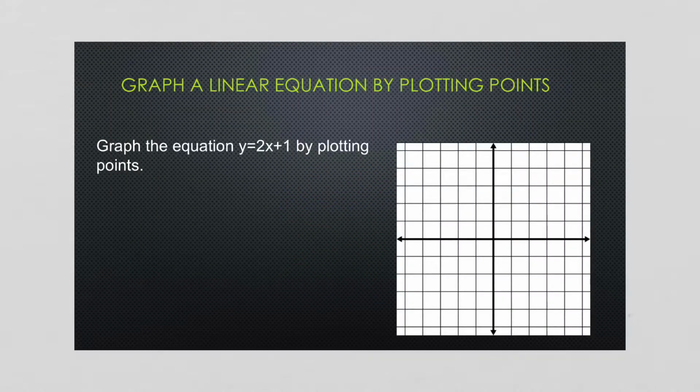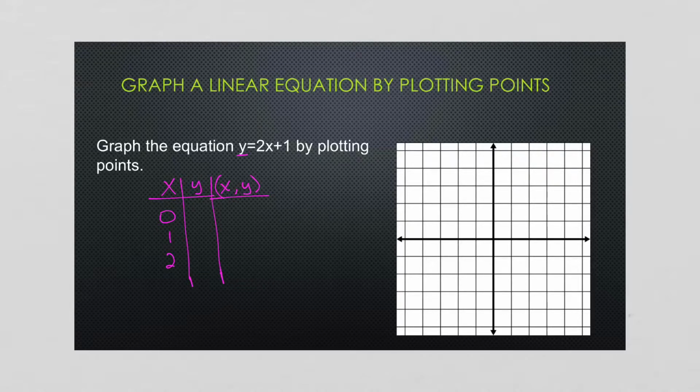For this problem, we're going to graph the equation y equals 2x plus 1 by plotting points. My recommendation is to create a table. You get to pick values of x or y, it doesn't matter. In this type of problem where you've got y by itself, I would just put in values for x, and I'd pick values that are nice and make the math easy.